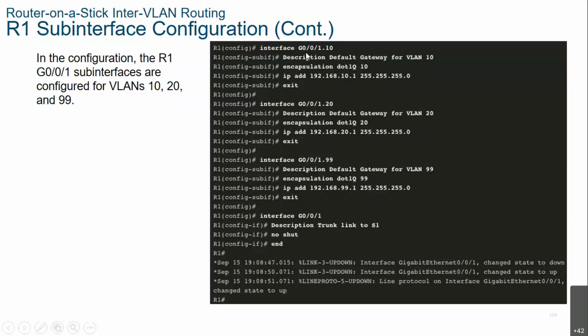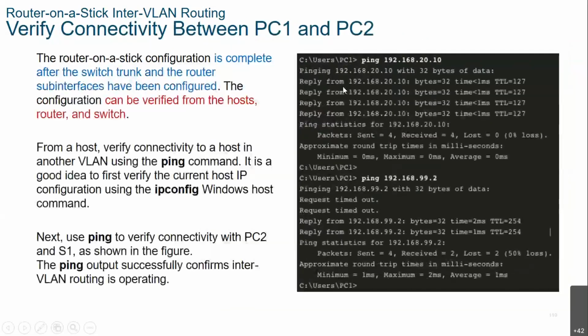Okay, interface dot, the ID here, encapsulation dot1q, tagging this, that means this particular sub-interface will handle the frames or the packets with the tag with VLAN ID 10 only. That's why it has that there. Okay, and then IP address and so on.